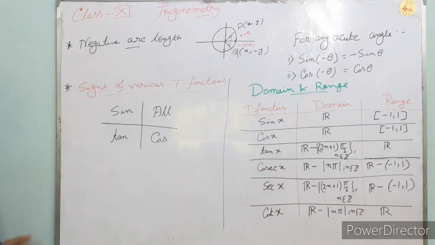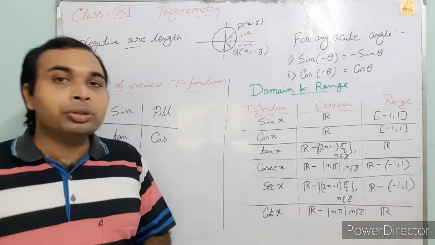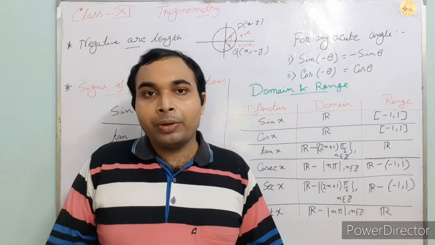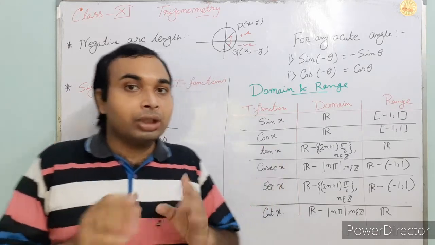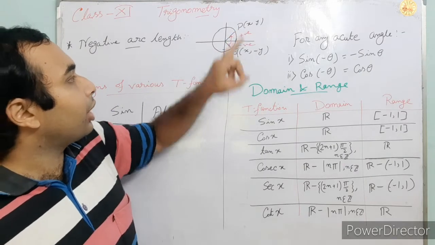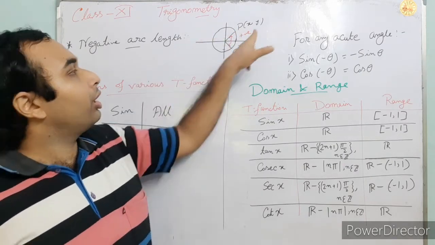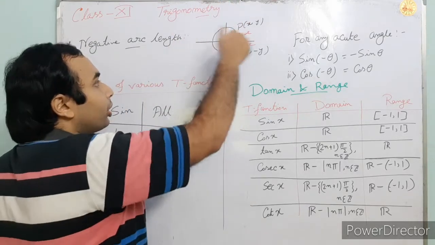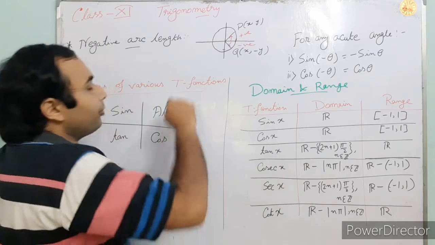Here the negative arc length: we know the length is a positive quantity. So what is the negative arc length? Suppose this point P(x, y) is moving around a circle. Now this is the coordinate plane.